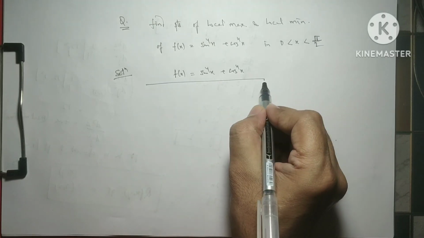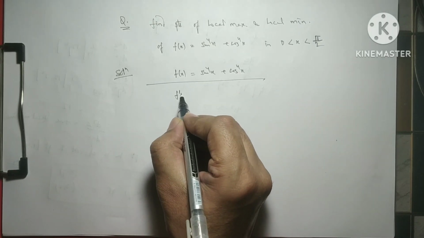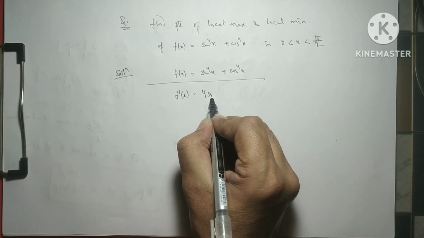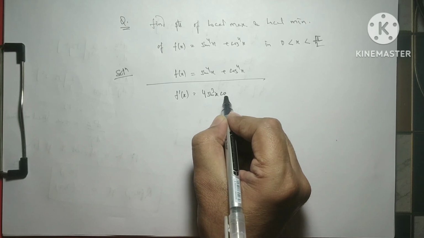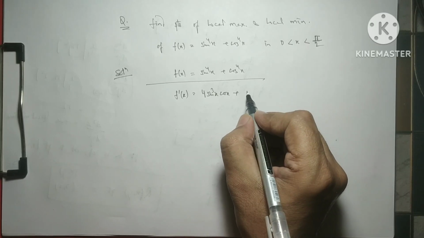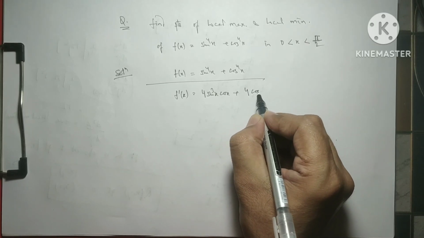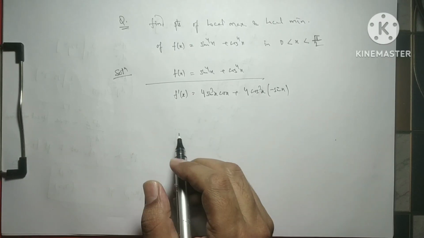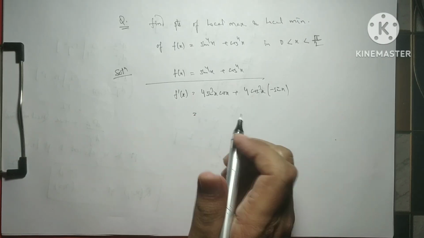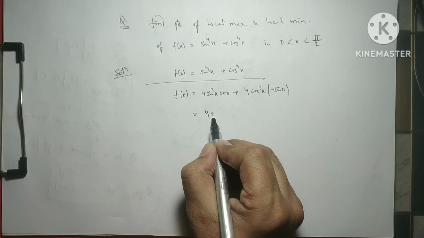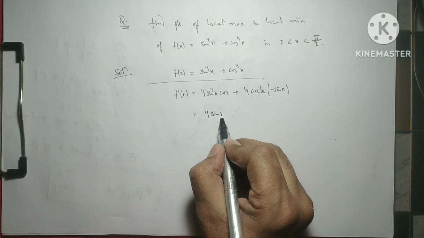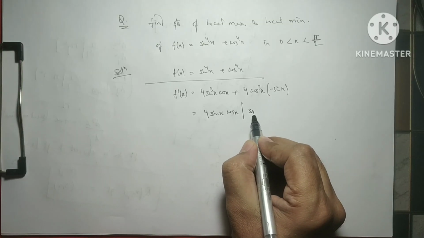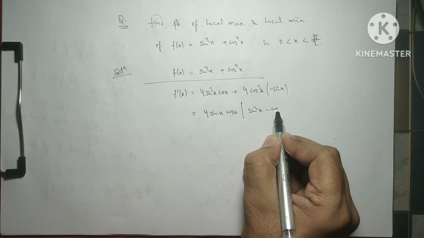Right now, step 1, we differentiate it. That becomes 4 sin cube x cos x plus 4 cos cube x, and it is minus sin x. So on simplifying, we get 4 sin x cos x as common, we get sin square x minus cos square x.